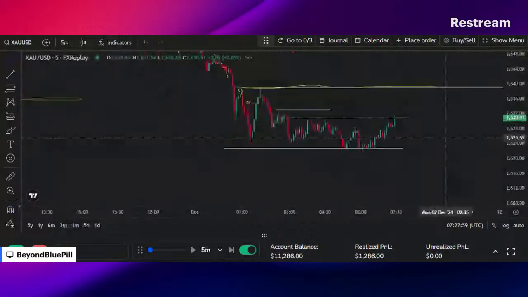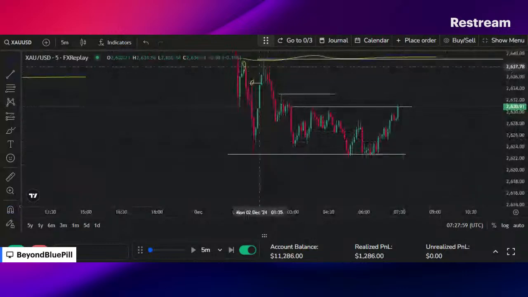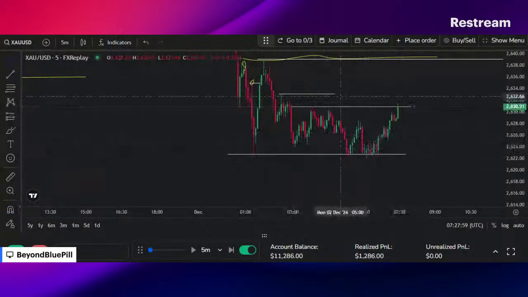Let's see, 5 minute. 5 minute we had this change right here. We took that protected one, and then we're expecting price to go high.